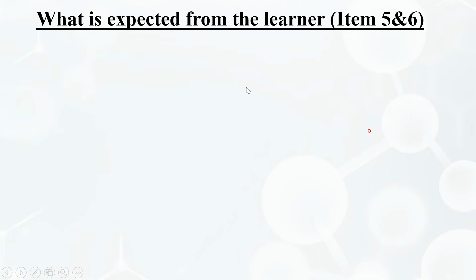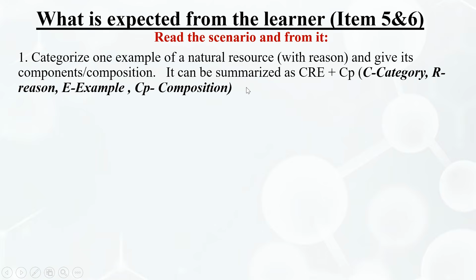What is expected from the learner on items 5 and 6? Number 1, you first read the scenario and from it, categorize one example of the natural resource with a reason and give an example. We say that it can be summarized as CRE. C standing for category.